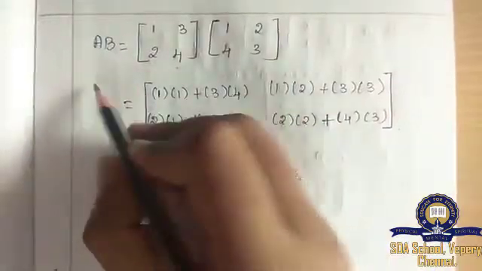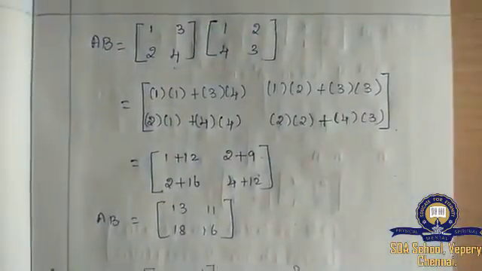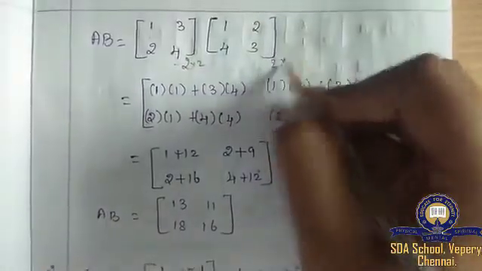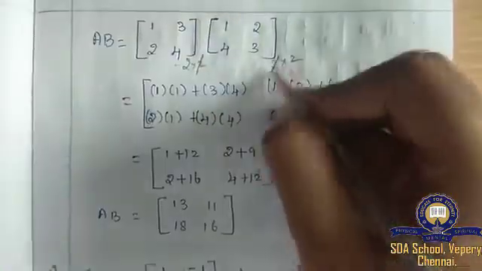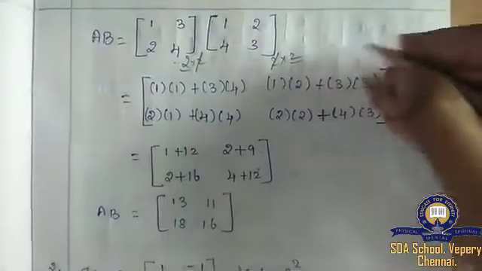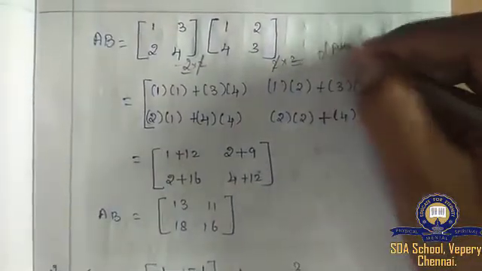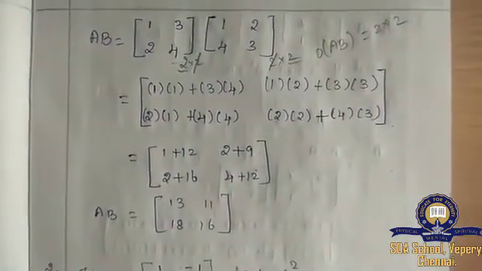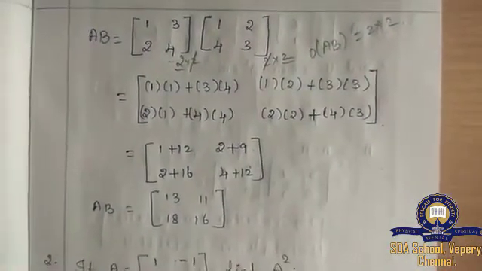The product of the matrices A and B. So already we checked, AB. Here the order is 2 by 2 and this is also 2 by 2. Then what will be the resultant matrix? What is left out is 2 by 2. So the order of AB should be 2 by 2. In the first video we have seen the general form of the matrices, right?